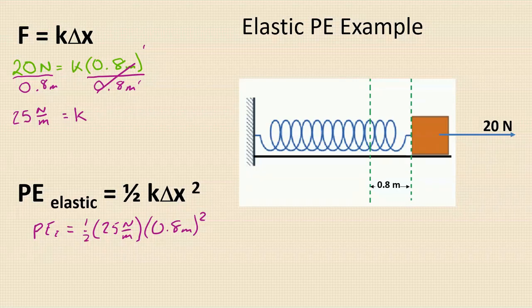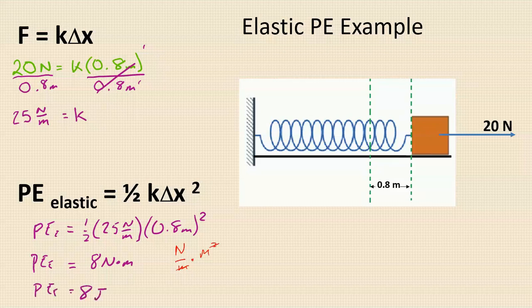And then if you work all of the numbers out there, you end up getting about 8 newtons times meters. So since this meter here was squared, you ended up with newtons over meters times meters squared, and one of those meters cancels out, leaving you with newton meters. And that works out to an elastic potential energy of about 8 joules.